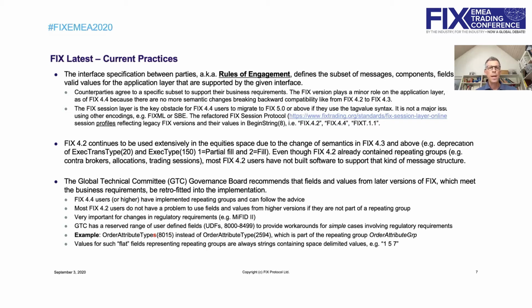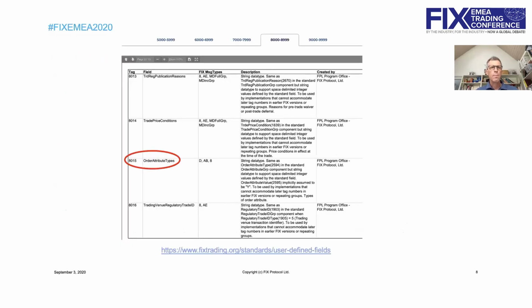So a single field, 8015, was introduced that has basically a space-delimited string with space-delimited values, so that it emulates a simple repeating group. And you can see that on the next slide. That's a screenshot of the user-defined fields as available on the Fix website, order attribute types, as you can see, and it makes a reference to the standard fields that it emulates for those Fix 4.2 users that cannot support repeating groups.